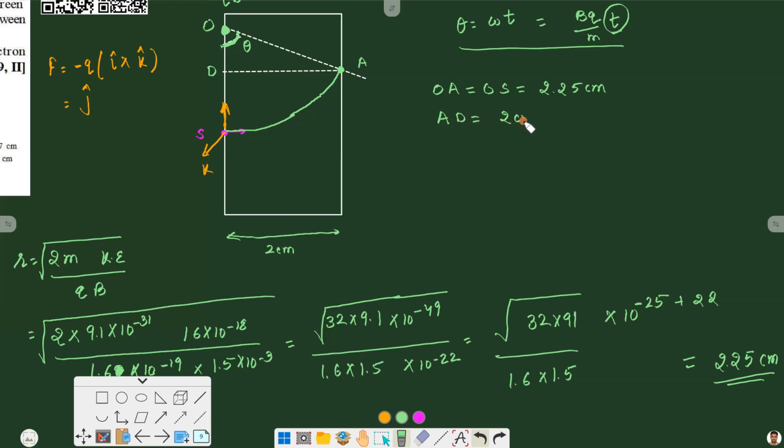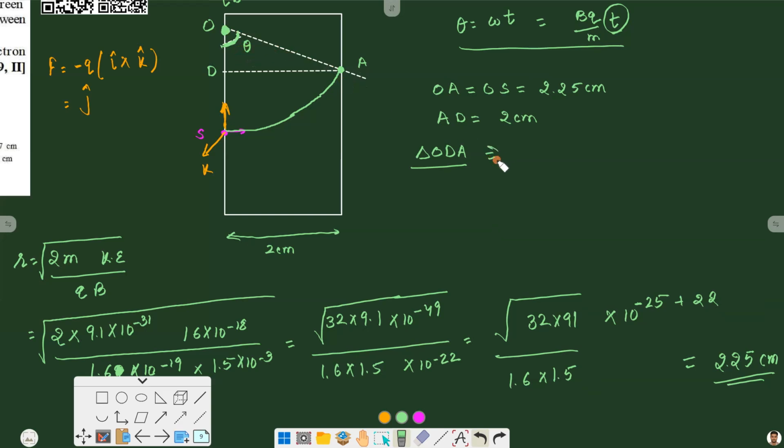So now in triangle ODA, we know the value of perpendicular, we know the value of hypotenuse, then we can calculate the value of theta.